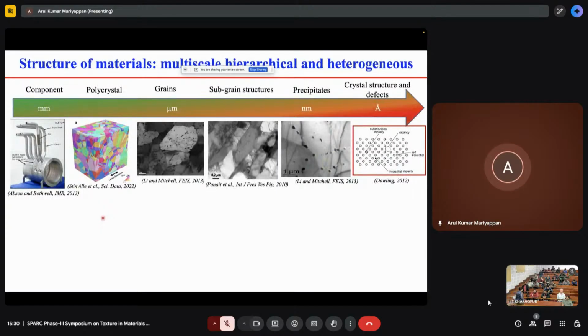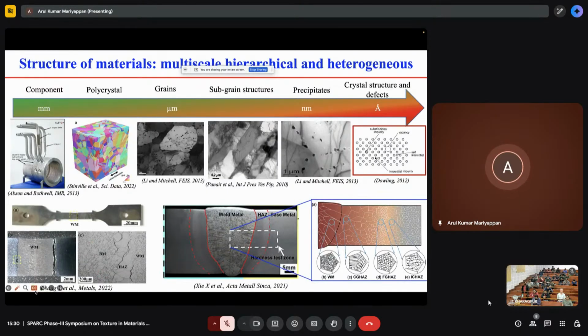It's not a surprise to this audience, because this is the second day and the last session. When we take crystalline materials, the microstructure is hierarchical, multi-scale, and heterogeneous. That is very evident when I take the example of welded configurations. We have a different microstructure in the weld zone, heat affected zone, and the base metal.